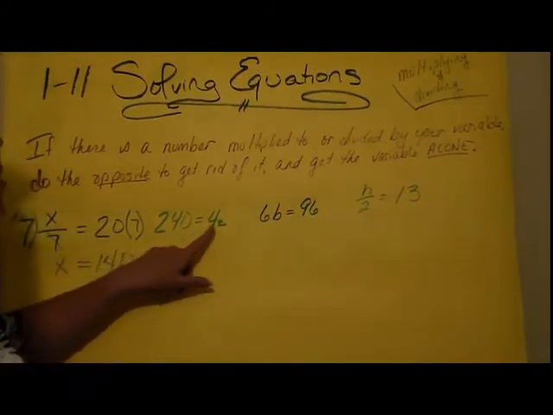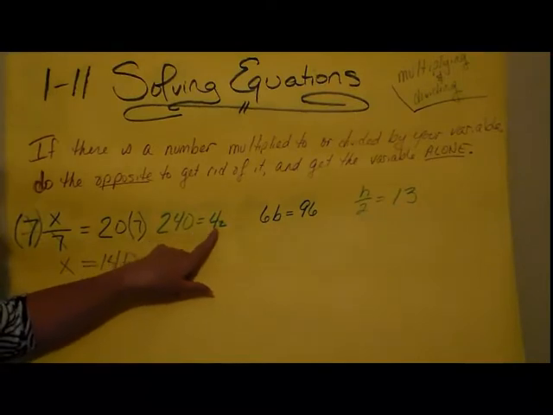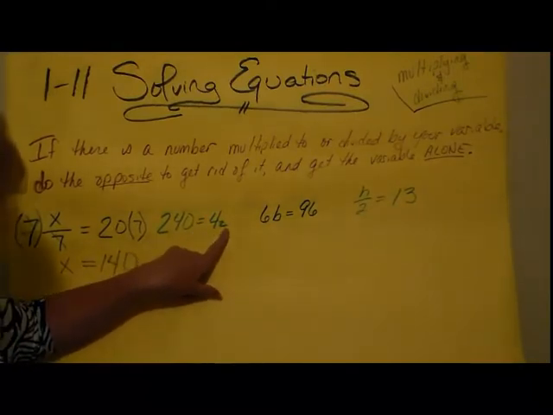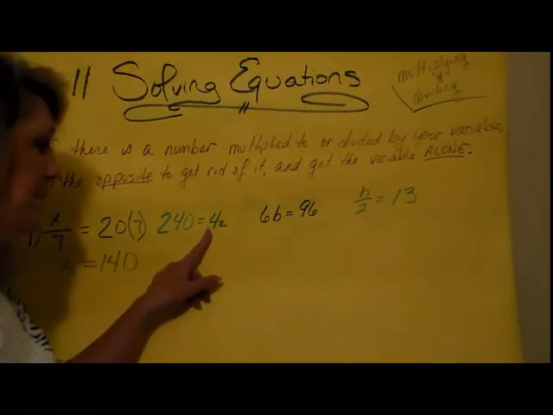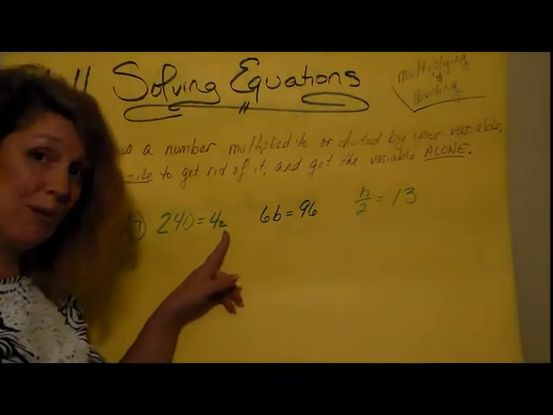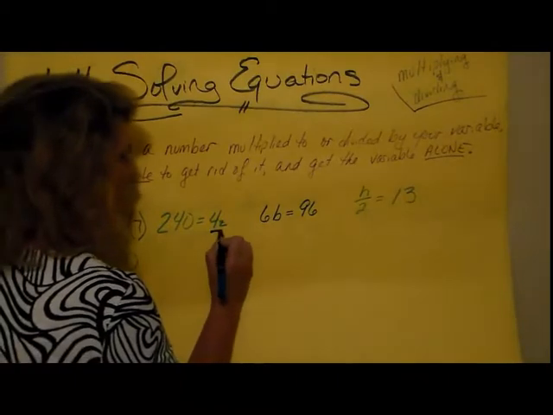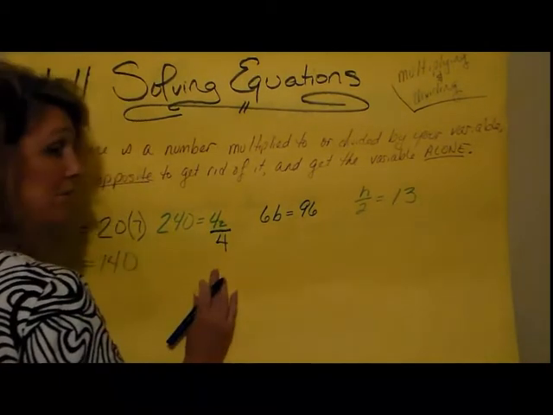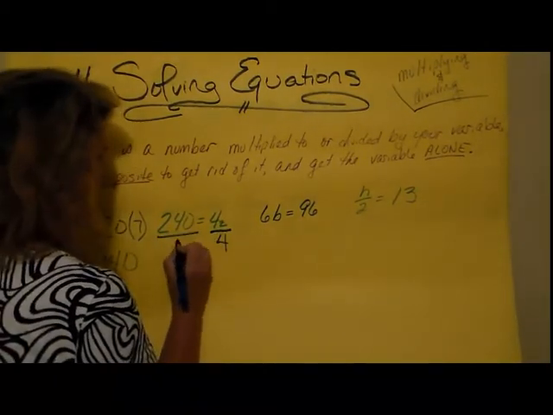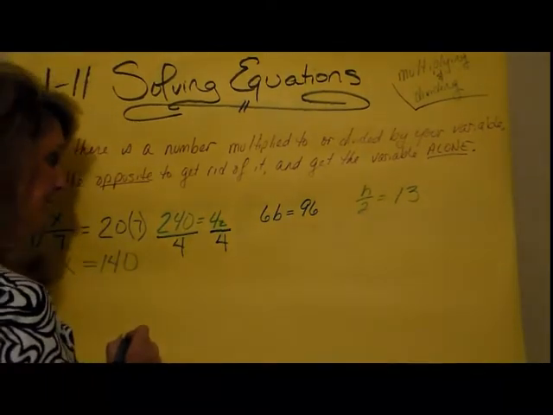All right, here we have 240 equals 4 times z. I have a 4 multiplied to my z. I need to get rid of it. How do you get rid of a 4 multiplied to your z? You do the opposite. You're going to divide by 4, and you're going to divide this side by 4 too.